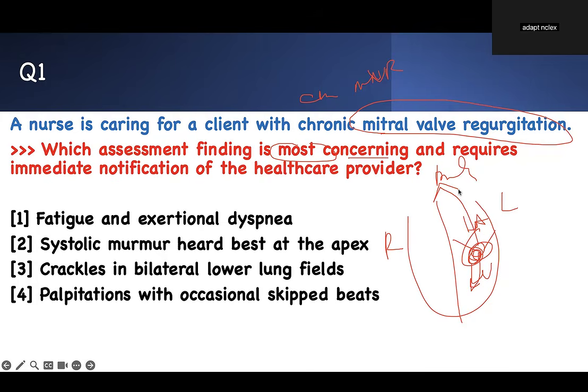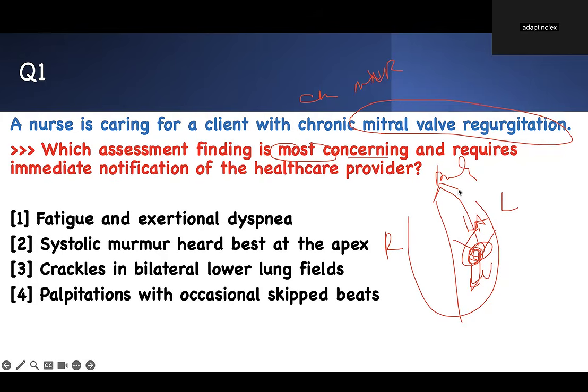Therefore, most of the symptoms associated with mitral valve regurgitation are going to be pulmonary symptoms. Blood is backing up, so think about it: at least it's going to cause left-sided heart failure and pulmonary congestion. That's the first thing.